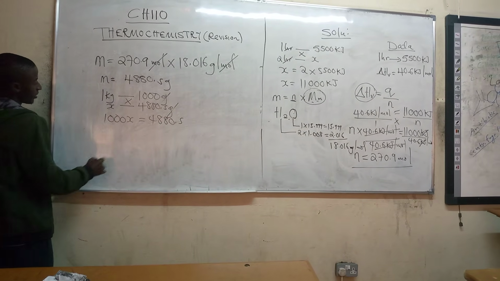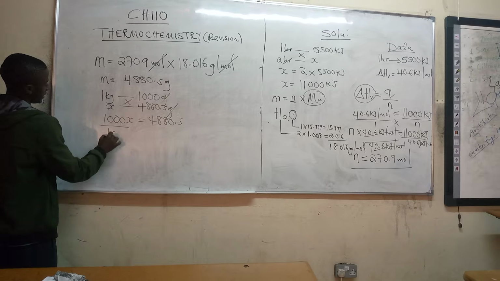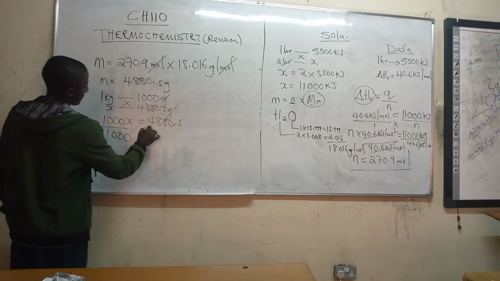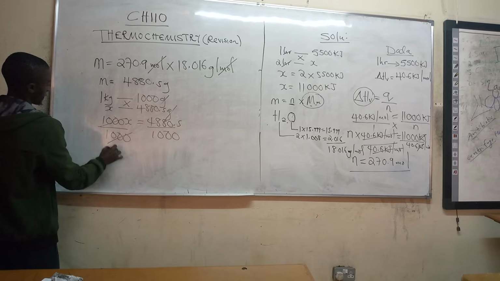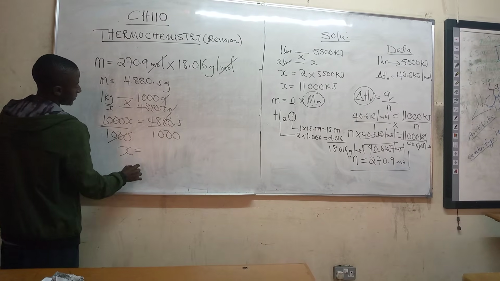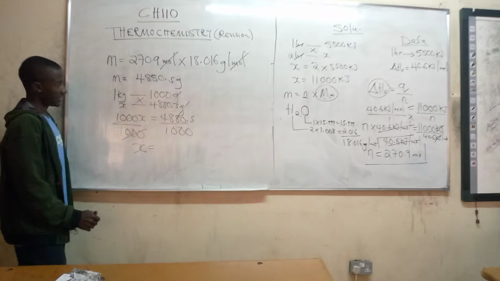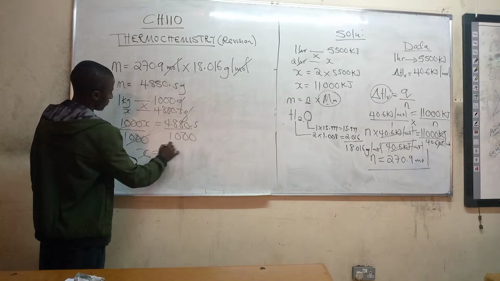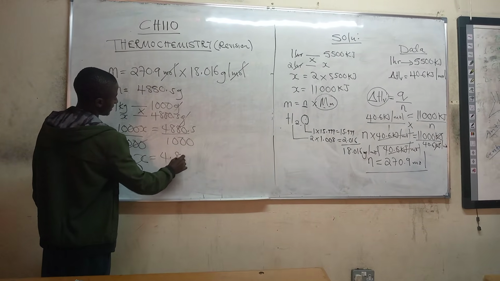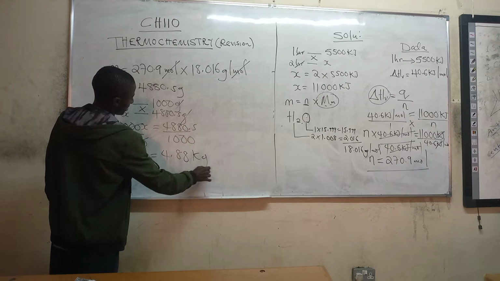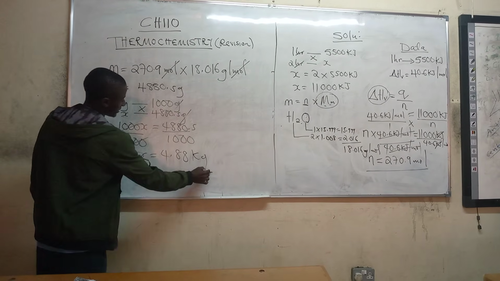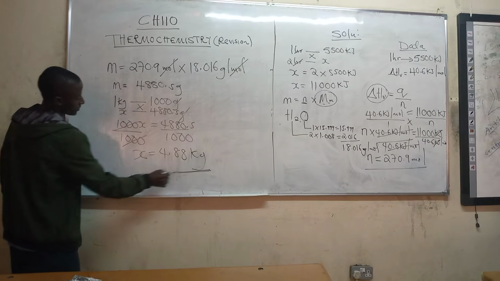Divide both sides by 1,000. When you divide, you get 4.88 kg. So this is the required mass that was supposed to be calculated.